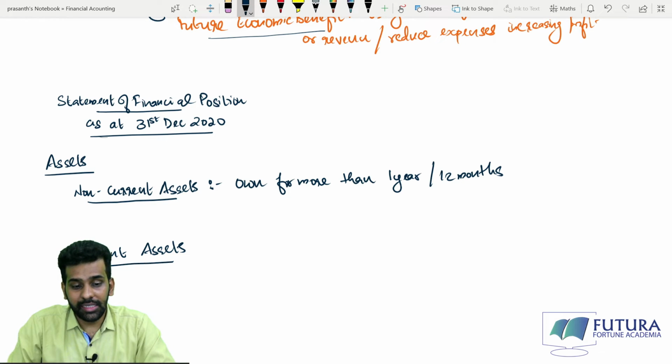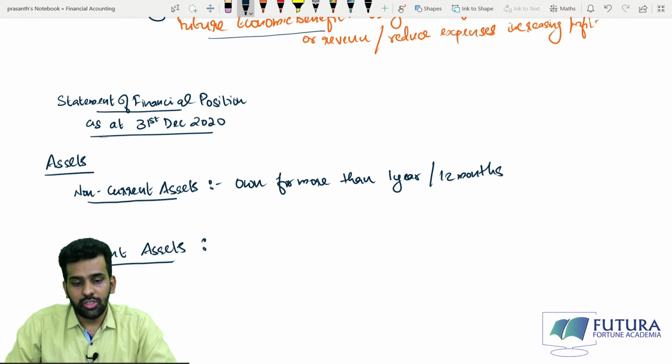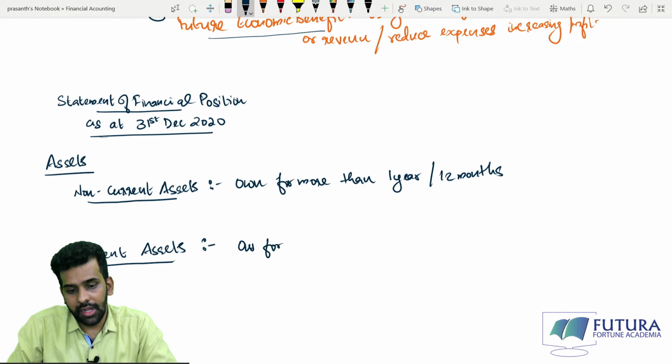Your current assets are also called your liquid assets. They are used for your liquidation. So those are items which you own for less than 1 year or less than 12 months.